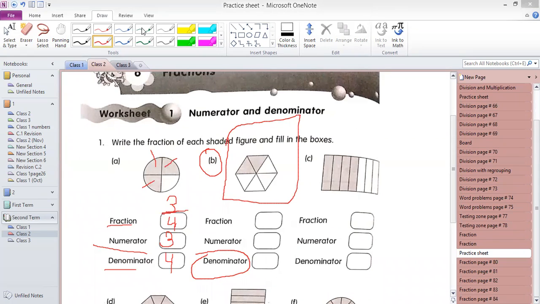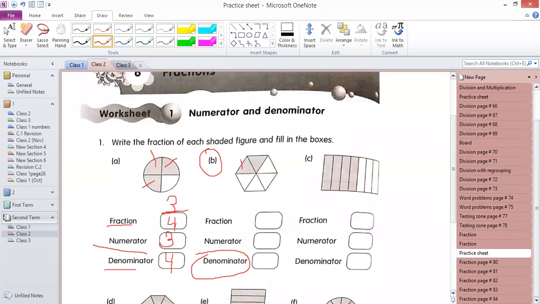Let's take one of the students. Sami Al-Hiji, can you tell me what the denominator is here? Denominator tells you the total number of equal parts. How many total parts are there?